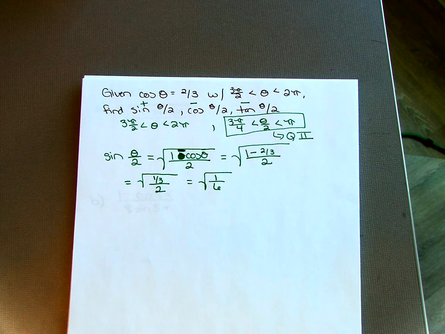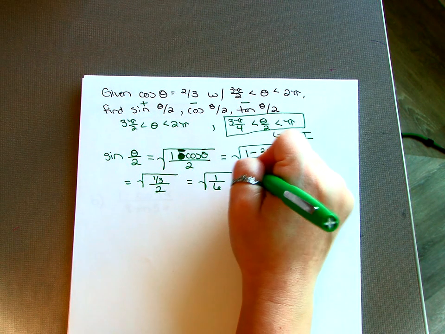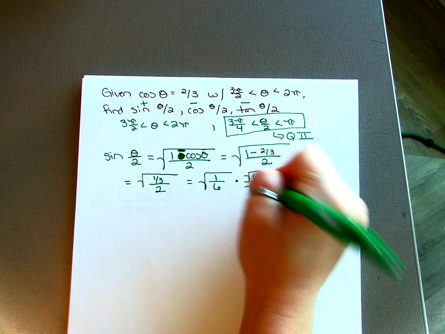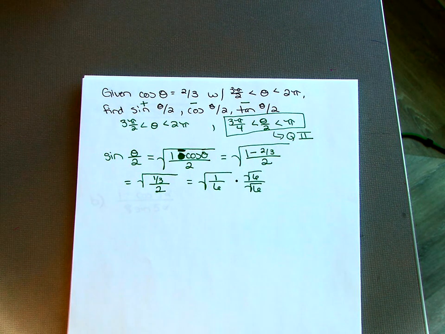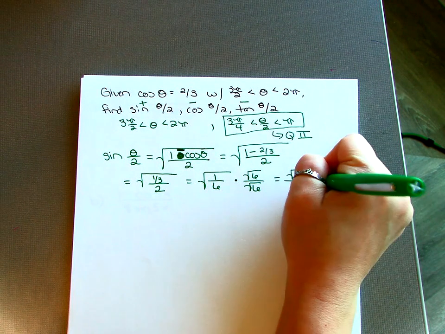But this leaves us with a radical in the denominator, so we can't deal with that. So we must rationalize our denominator by multiplying the top and the bottom by radical 6. One times radical 6 is radical 6. Radical 6 times radical 6 is 6.